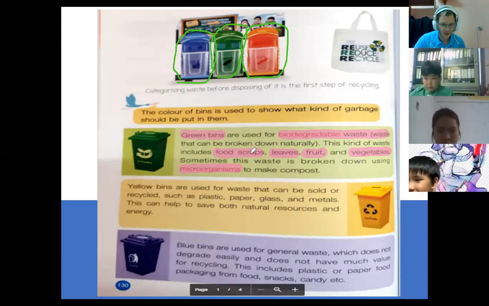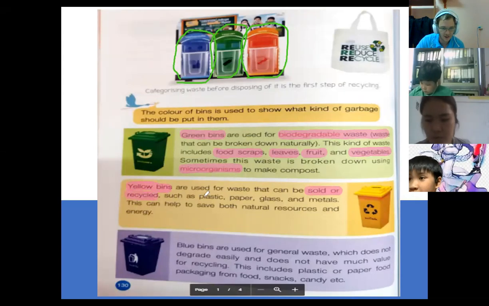Okay. The yellow bins, what are they used for? They are used for waste that can be sold or recycled, such as plastic, paper, glass, and metals. This can help to save both natural resources and energy.